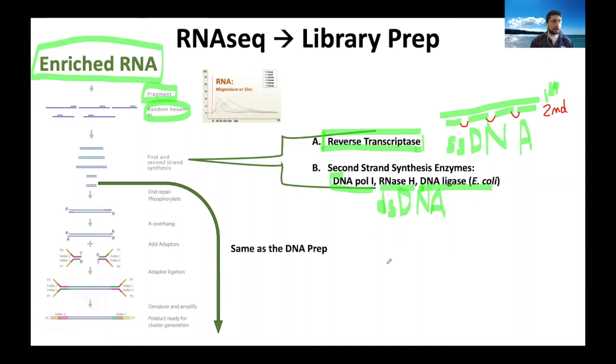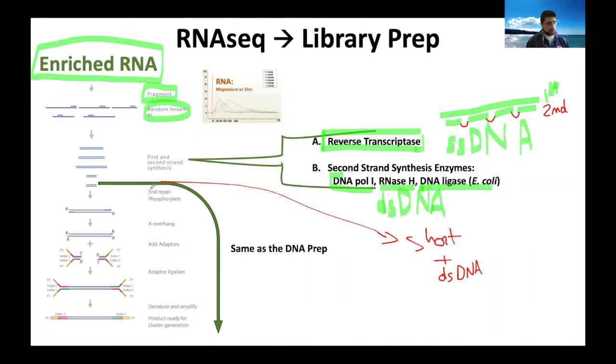So what is the output of these two reactions? I basically have short, I've done fragmentation already, plus double-stranded DNA, and that is actually the same material as the regular standard DNA library preparation after sonication.